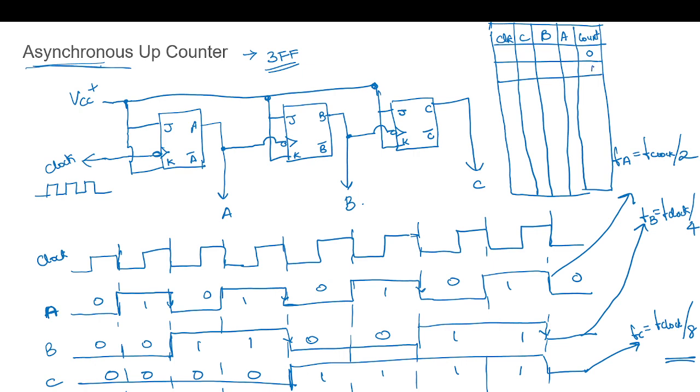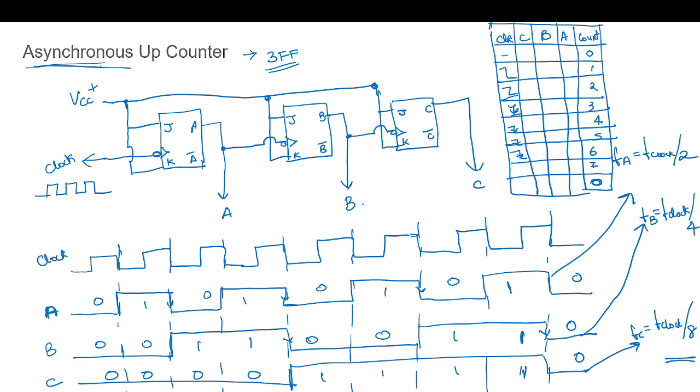It counts from 0, 1, and we are applying a negative edge. 2, 3, 4, 5, and so on up to 1 1 1, which is 7. Then it is again starting from 0. So after 7 it is 0.